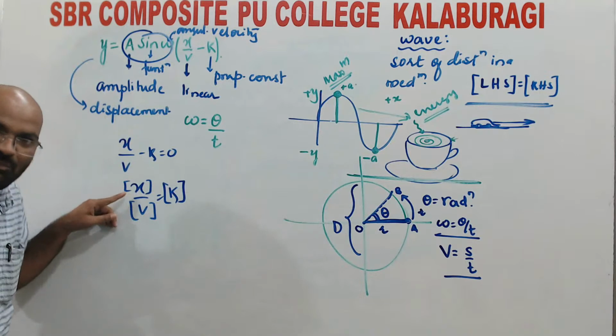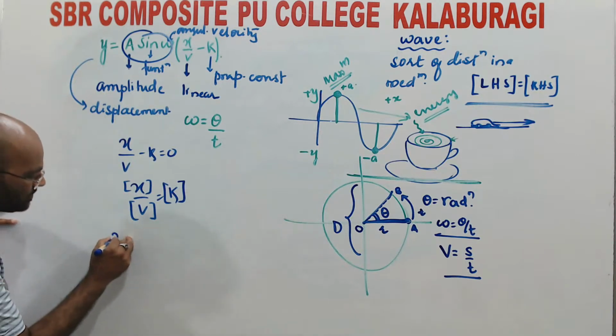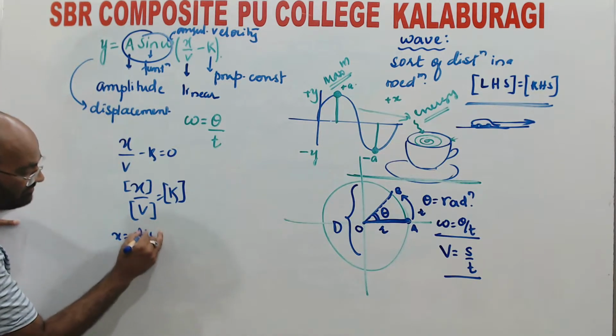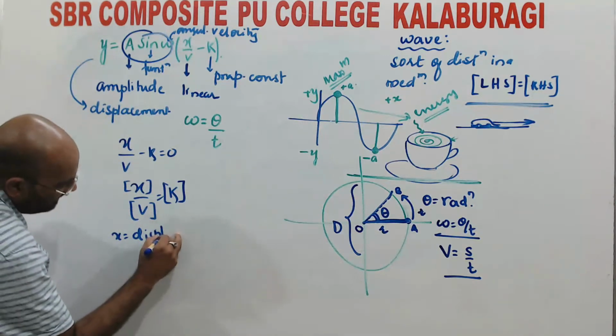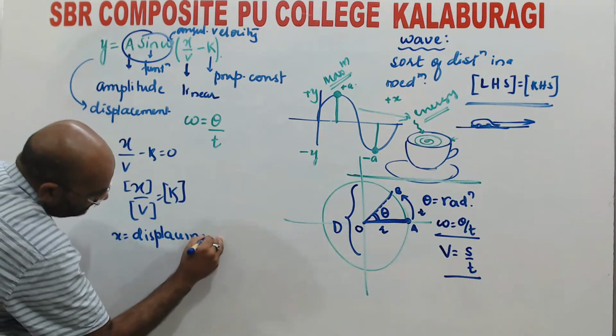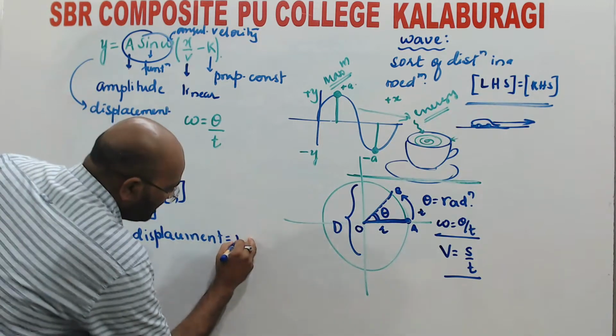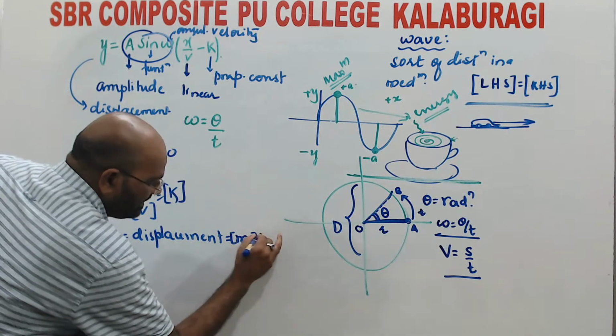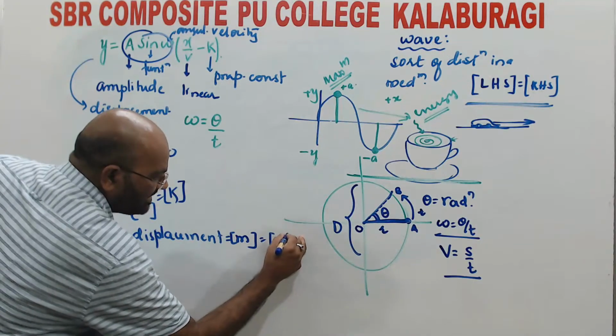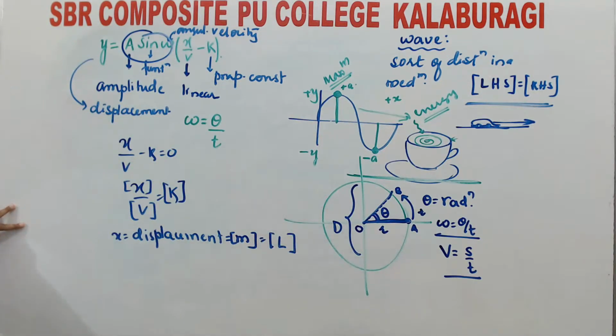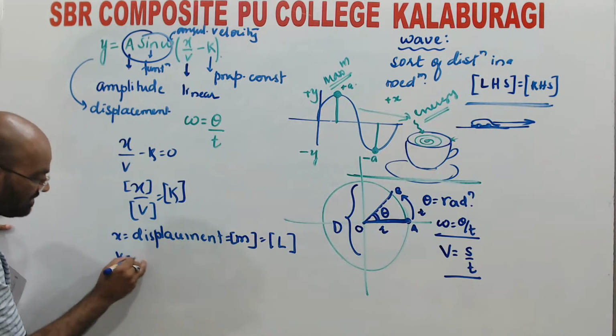X is called displacement, displacement of a given wave. Displacement is always measured in meters. Meter is the unit to measure length. We got the dimension as length, L. Which velocity do we have?